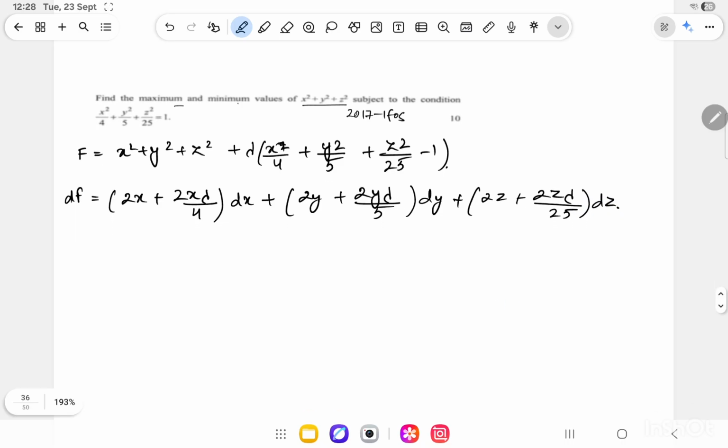Now let's just calculate its second derivative as well.